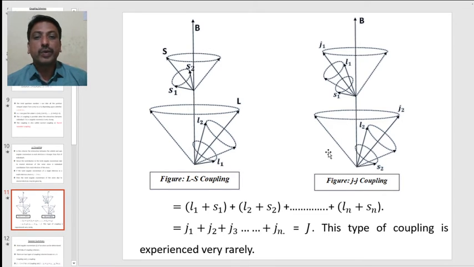Here we are going to represent diagrammatically how LS coupling and JJ coupling occur.